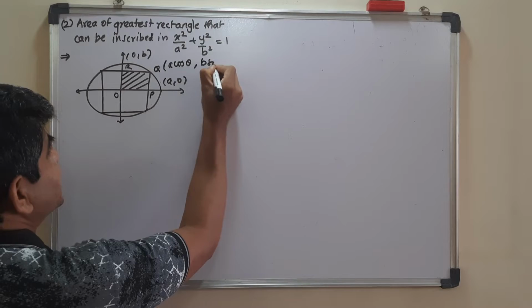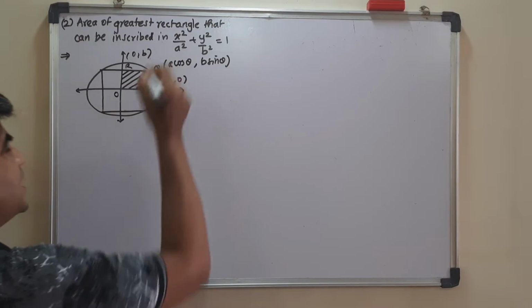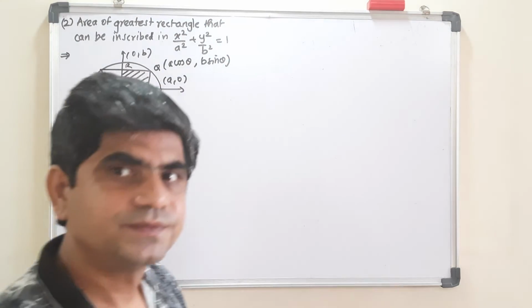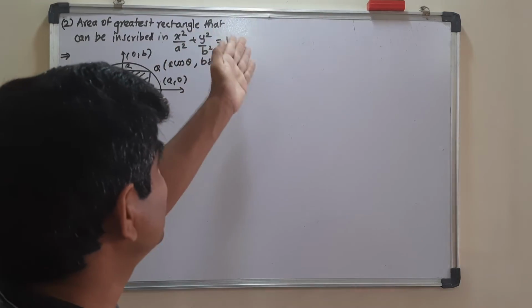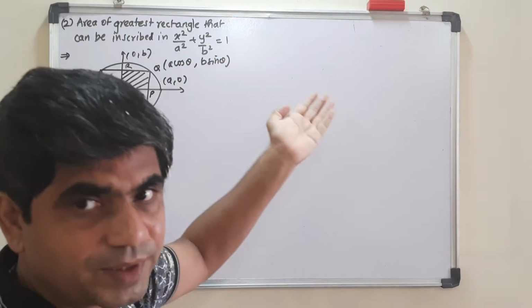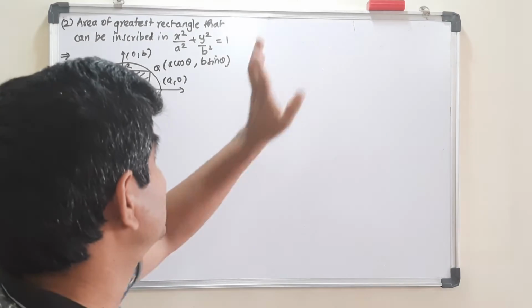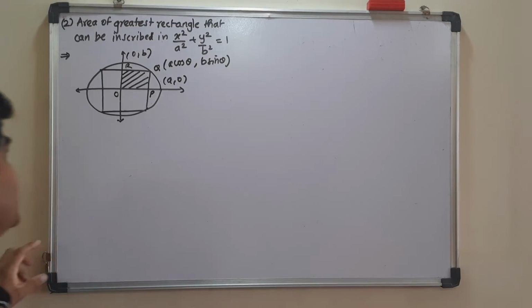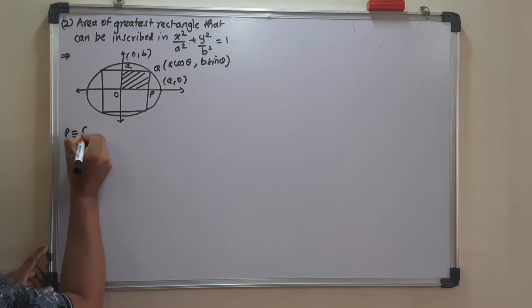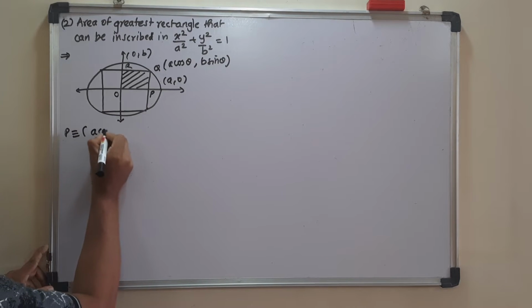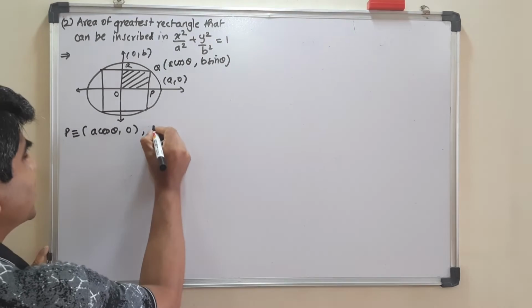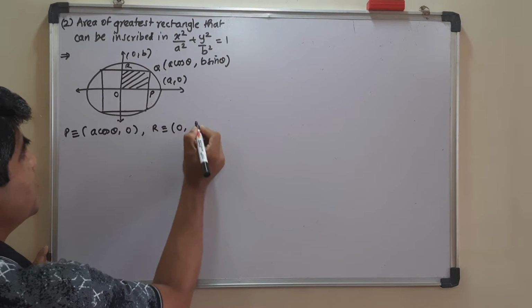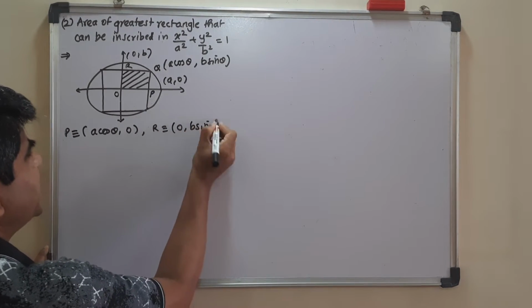and b sin theta, which will satisfy this particular equation, that is a square cos square theta upon a square plus b square sin square theta upon b square will become cos square theta plus sin square theta, which is equal to 1. It indicates that the coordinates of P are now a cos theta comma 0, and the coordinate of R will be 0 comma b sin theta.